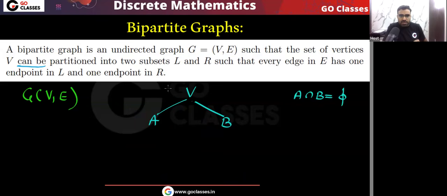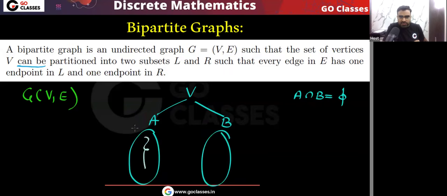If in this graph the set of vertices can be partitioned into two parts such that there is no edge between the vertices within a part, and every edge has one endpoint here and another endpoint here, then we will say that this graph is a bipartite graph. Every edge is between these two parts, every edge has one endpoint in A, another endpoint in B.